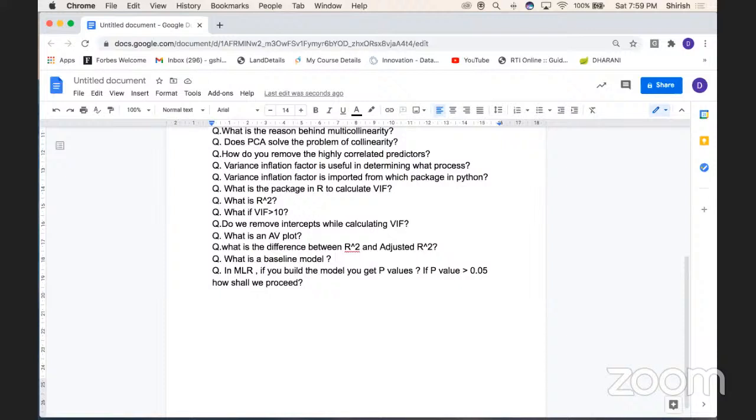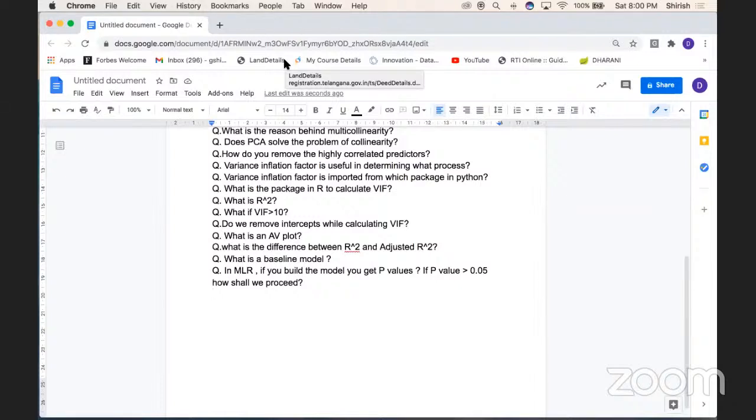So today, what we have discussed started with the multicollinearity problem, correlation, variance inflation factor, R square, and adjusted R square. So you have understood R square and adjusted R square, right?